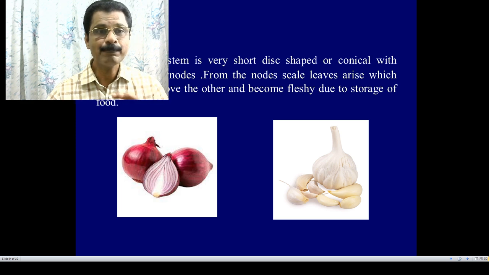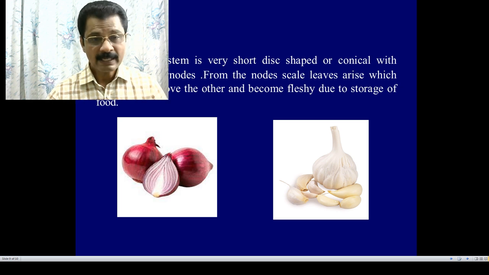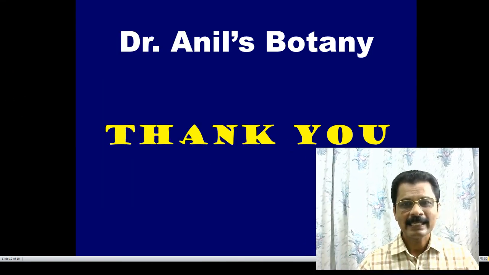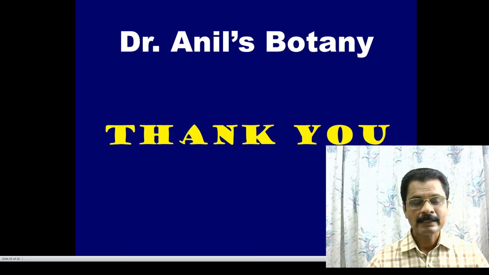So such a type of bulb is called non-tunicate bulb. Right? With this, you can complete the underground stem modifications. Then in the next video we can discuss leaves. Okay, thank you.